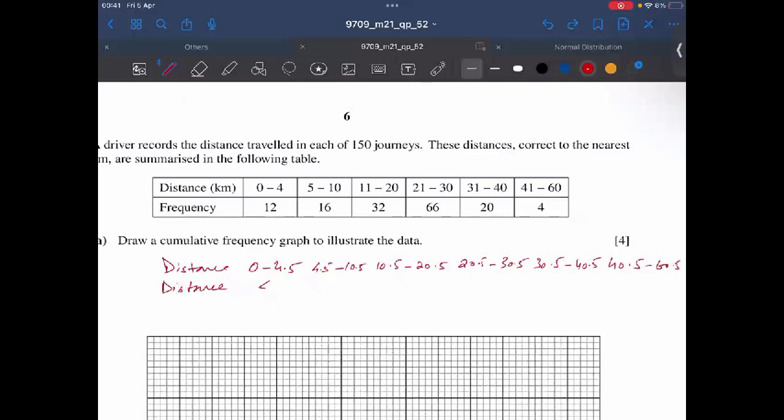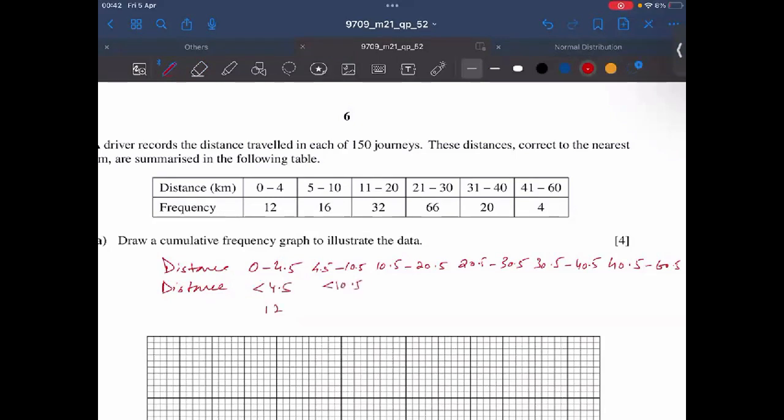For less than 0, I'm going to have 0. For less than 4.5, I'm going to have 12.